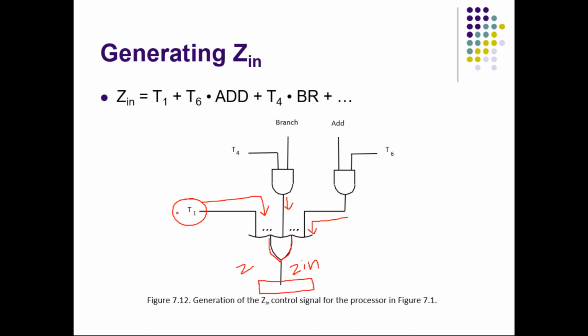That is because in time 1 we are going to use Zin. And in time 4, Zin will be enabled if it is a branch command.